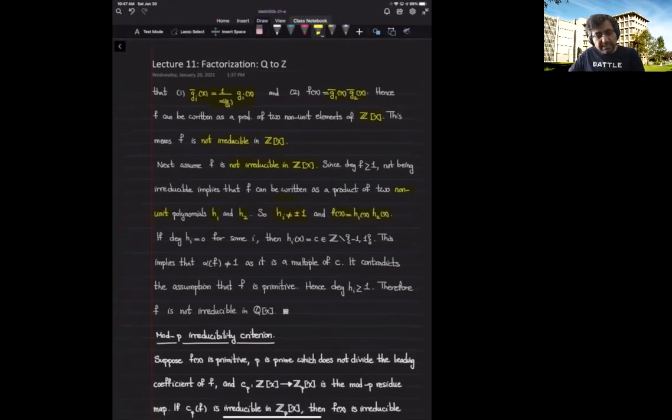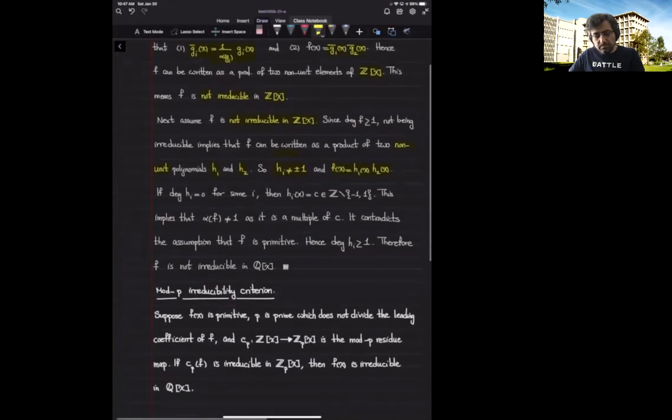Now, I want to say that the degree of h sub i's cannot be 0. So suppose the degree of one of them is 0, then what can we deduce? I want to reach a contradiction, and then from there I want to deduce that the degrees of h sub i's are positive. If this is the case, because h sub i's are definitely non-zero and they are not units, I get that h sub i's, so I have to also include 0 over here, are constants, integers, that are not 1, -1, or 0.